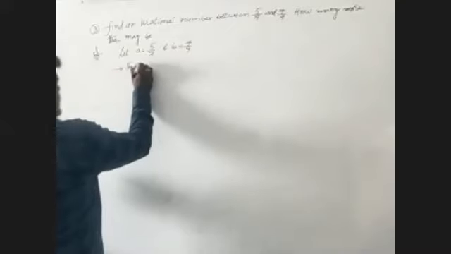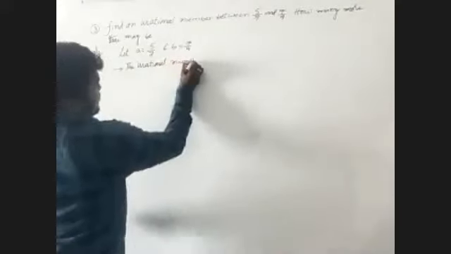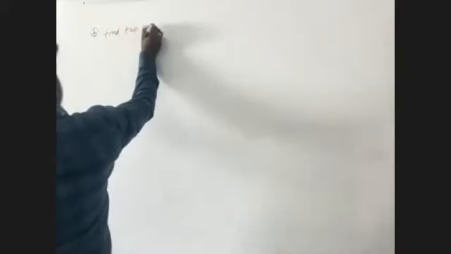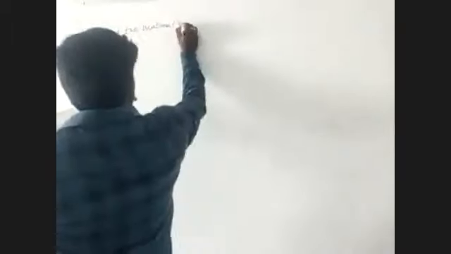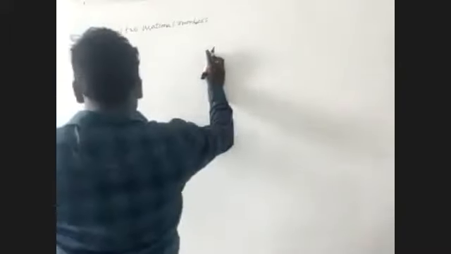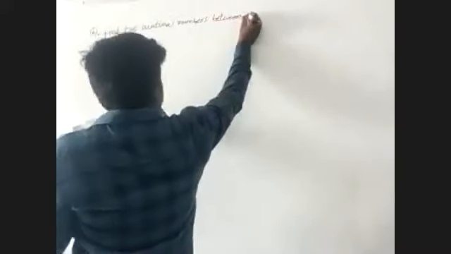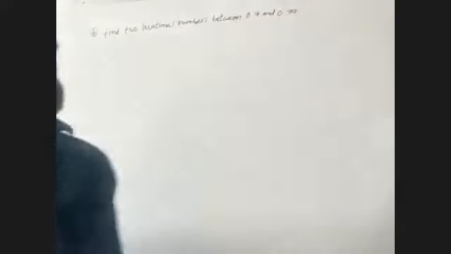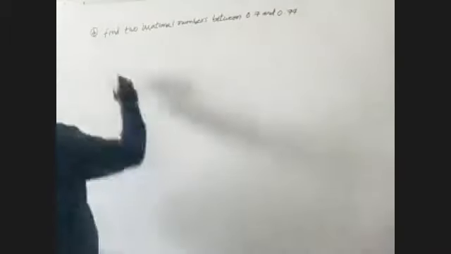Find any two irrational numbers between 0.7 and 0.77.